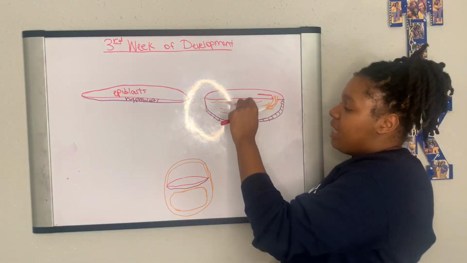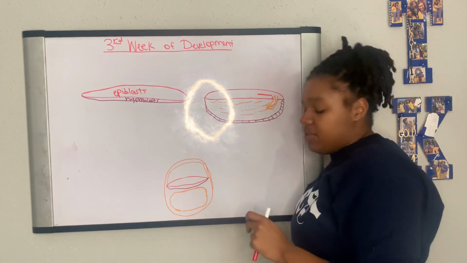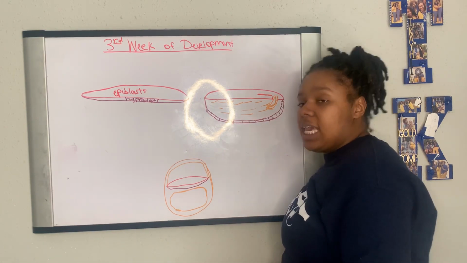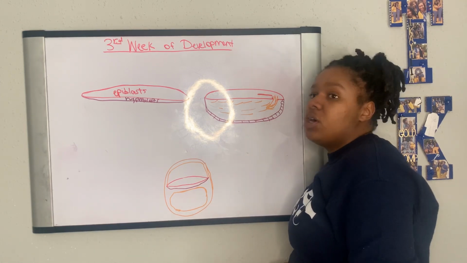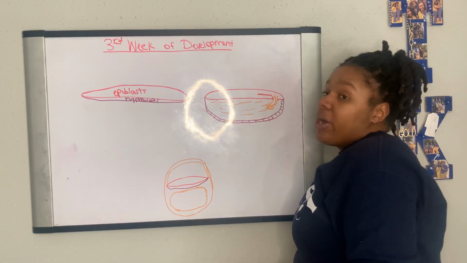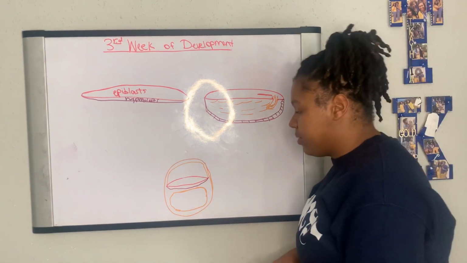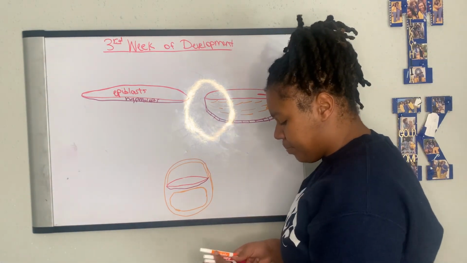So now we have epiblast cells, hypoblast cells, and mesoderm cells. And these mesoderm cells are going to play a huge role in making things like our muscles and skin, and also play a role in forming our vertebral column, depending on where exactly they end up.